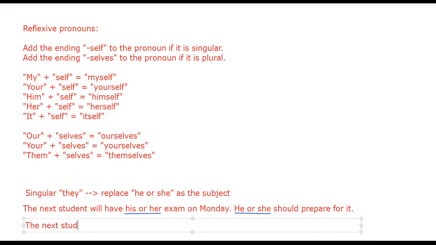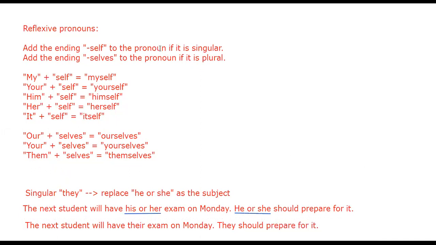The next student will have their exam on Monday. They should prepare for it. And it's fine to actually do that here. So as long as the context makes it clear what they is referring to, you can have a sentence like that. So you can have their and they instead of his or her and he or she.